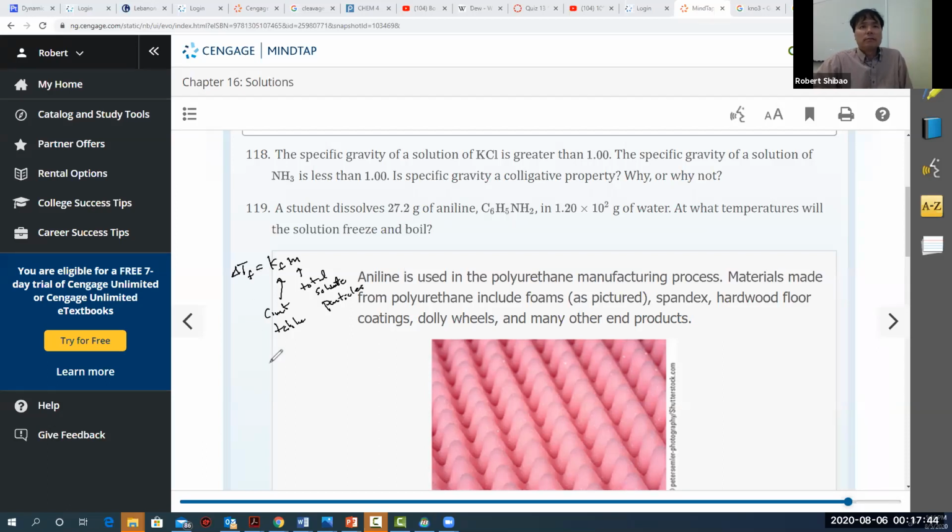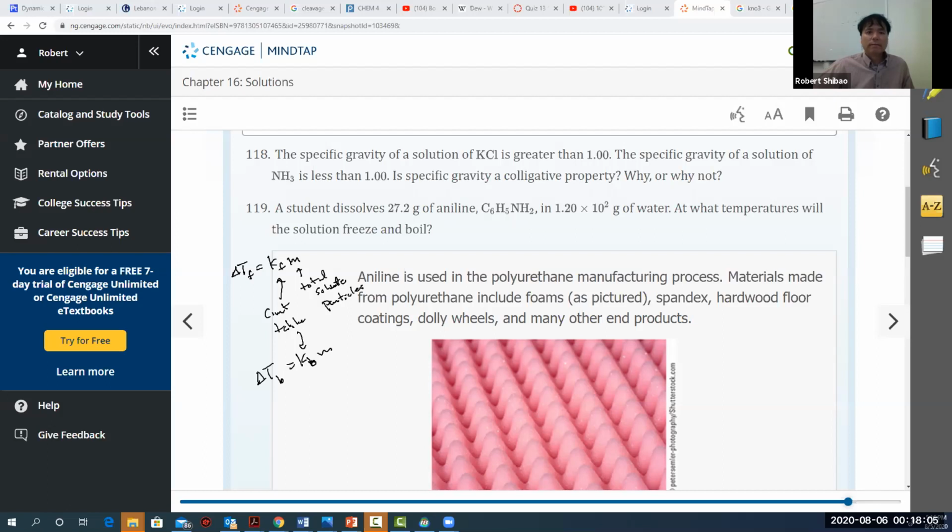All right, and then we have delta T_B, which is the boiling point change, and it's going to be K_B times little m, the molality. That's a constant we find in the table. So what is it for water? We have to look that up for water.